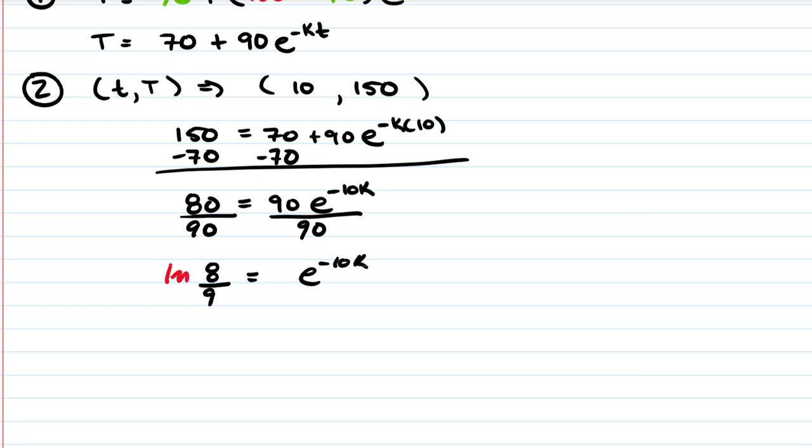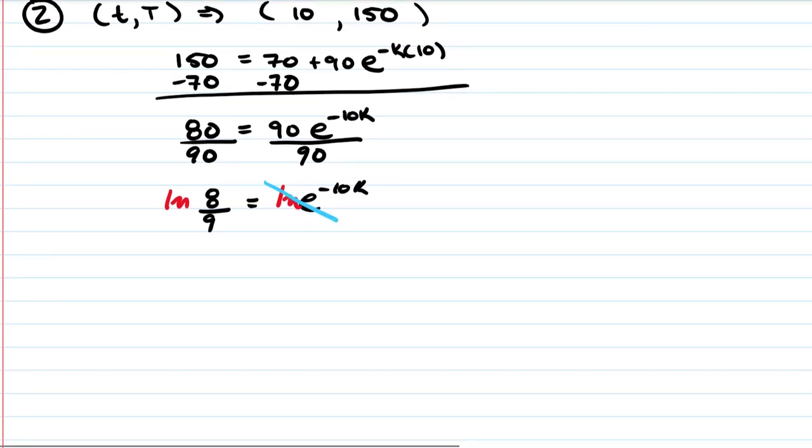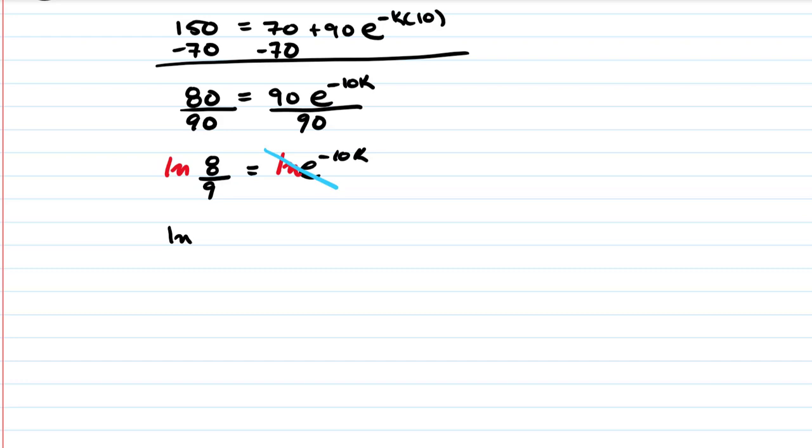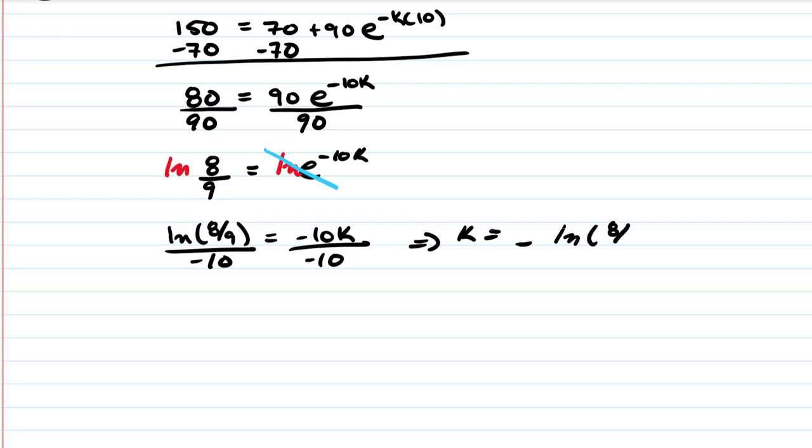We take the natural logarithm of both sides, and the e and the natural log reduce out. So the natural logarithm of 8/9 is equal to negative 10k. We divide by negative 10, divide by negative 10. So finally, k is negative natural logarithm of 8/9 divided by 10.